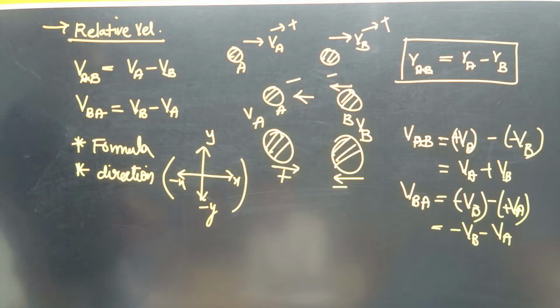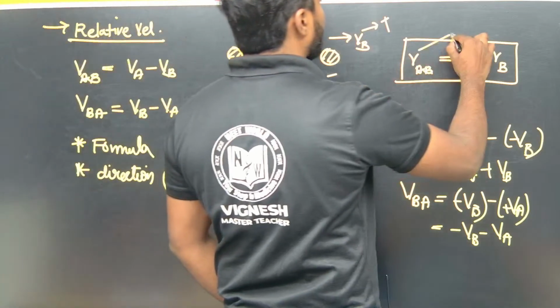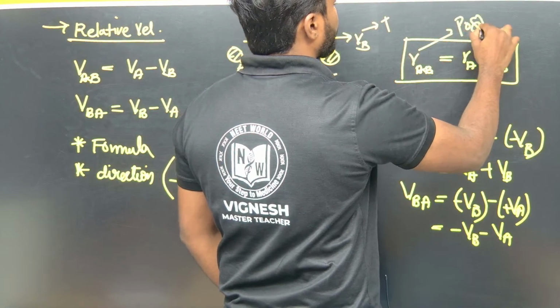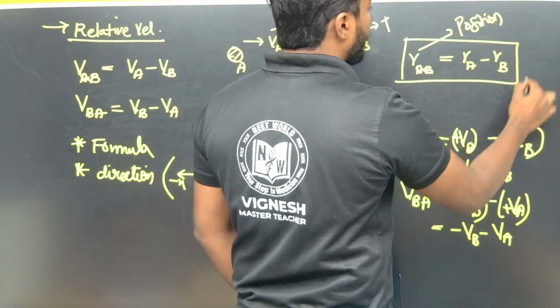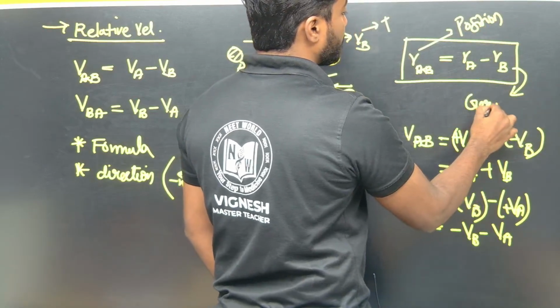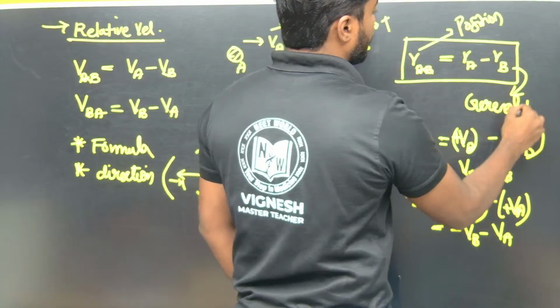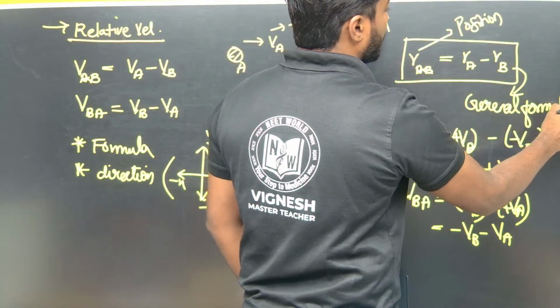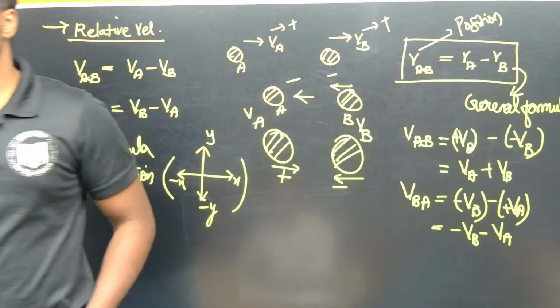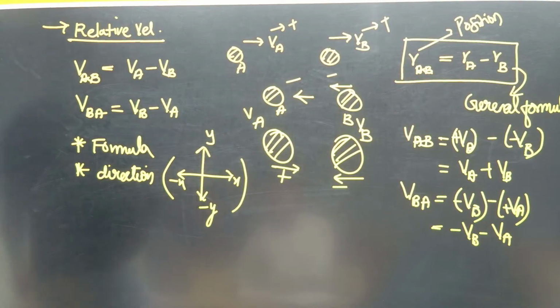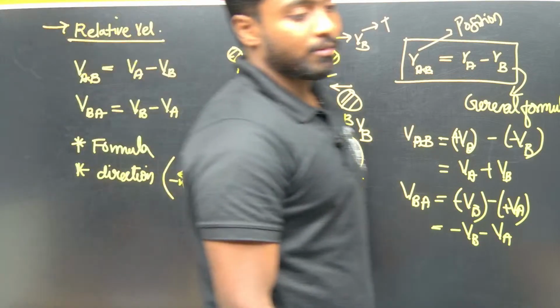This is for position, and it's a general formula for relative position or relative velocity or acceleration or displacement, anything.